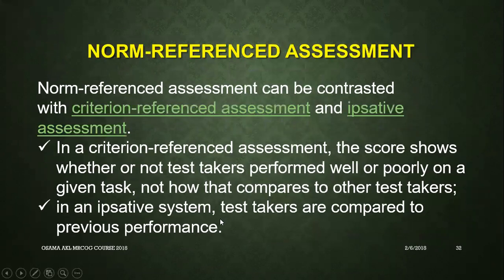Another method is called norm referenced assessment. I am doing assessment against a reference. This reference may be a score. For example, I ask you to do a certain task and I give you a score, and to tell you that you succeeded in this task, I want you to get 90%.